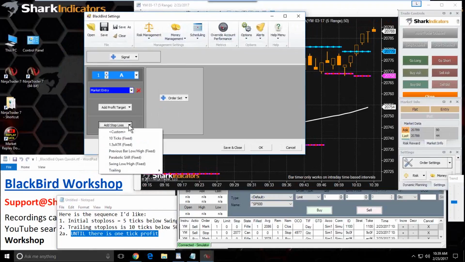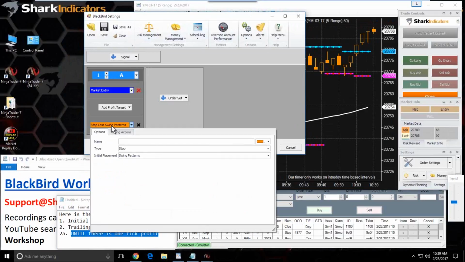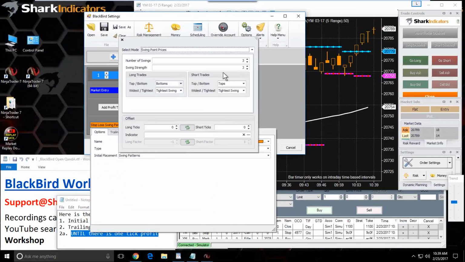Okay, so just use a market order. And we're going to use the swing point as our initial placement here. So we figured out number of swings should be 2. And it does not matter if we use the tightest or widest plots here, so I'll just leave it at that.